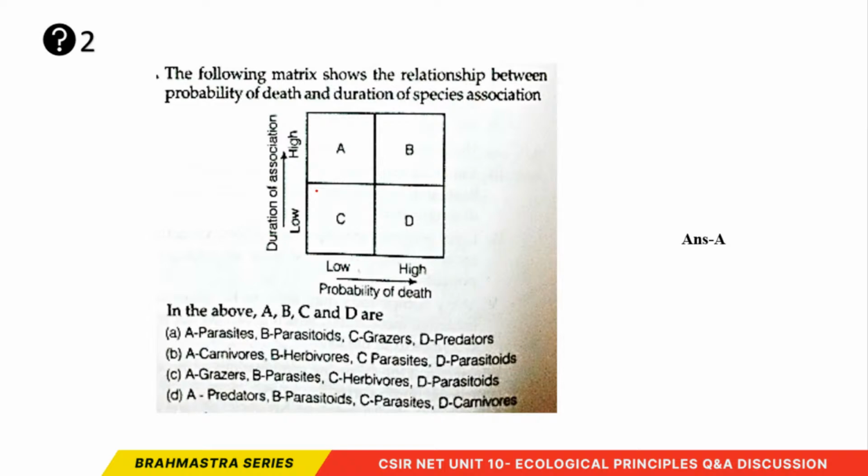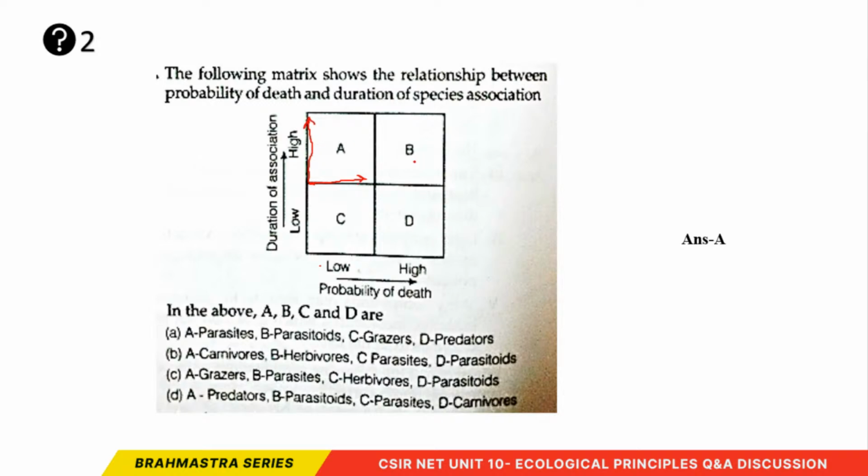So accordingly, they are related to the host for the completion of their life cycle or part of the life cycle. But that doesn't mean that they are going to kill the host. Okay, so they don't kill the host, so the probability of death is very low. Okay, but the duration of association is very high here.